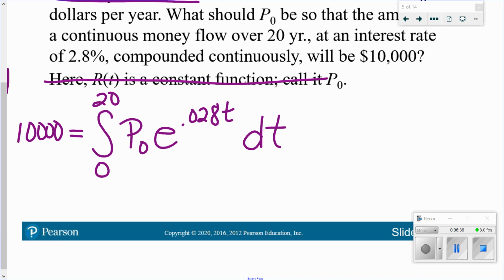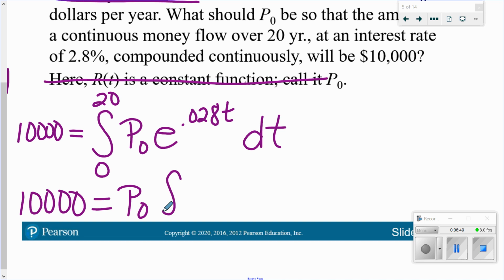Okay, so let's go ahead. There was a rule when we were learning antiderivative rules that said if I had a constant times something and I was taking the antiderivative of that, I could just pull that constant out in front, take the antiderivative of this function, and then I'll just multiply it by the constant later.